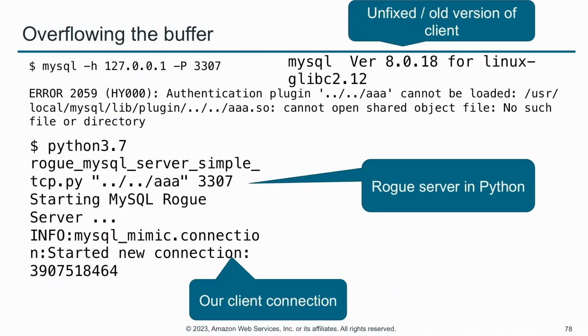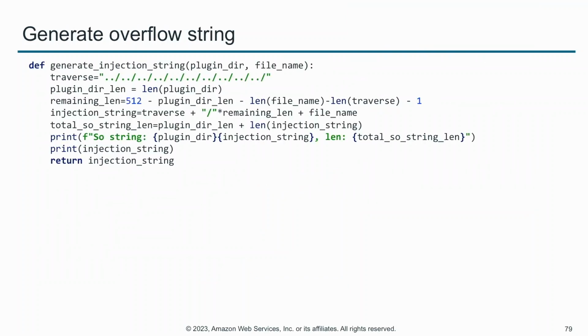So how will it work? We use this unfixed 8.0.18 old client. We use the rogue server in Python. And we generate an overflow string. On Linux, it doesn't matter how many slashes we have in the path.